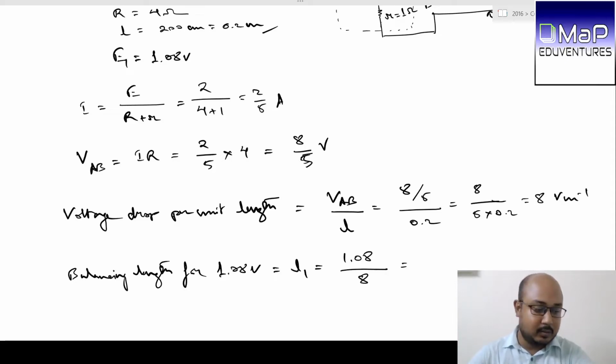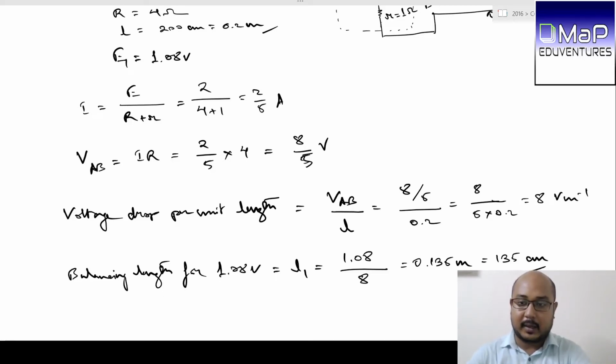Okay, so this is equal to 0.135 meter or 135 centimeter is the balancing length. Okay, so this is the final answer to question number 2C, second option.